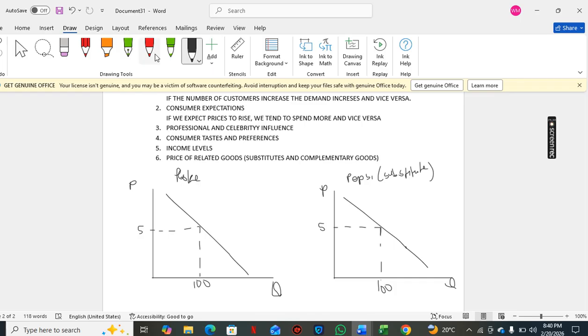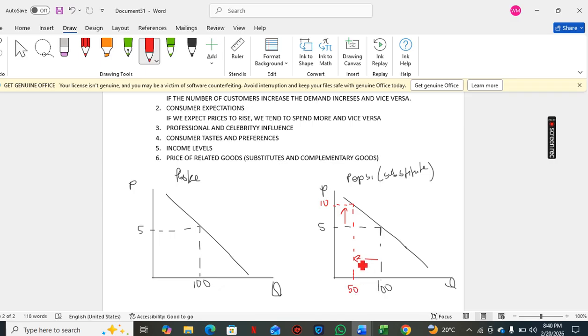Now, if the price of Pepsi increases from 5 kwacha to 10 kwacha, Pepsi becomes more expensive than Coca-Cola, so people stop buying Pepsi. You see here quantity demanded drops. Let's say from 100,000 units, they're now selling 50,000 units. Why?